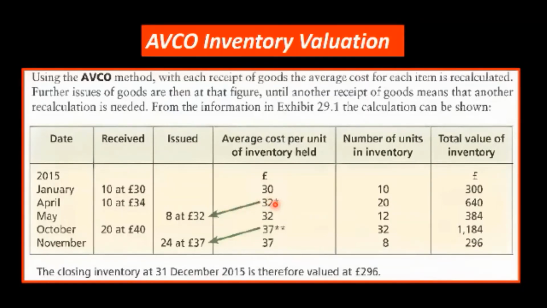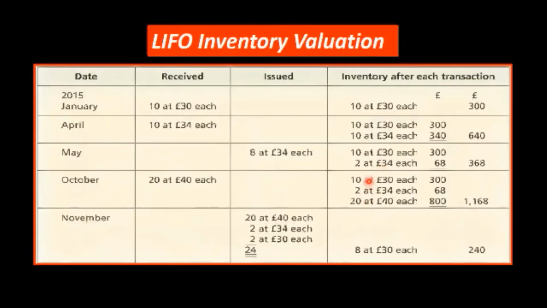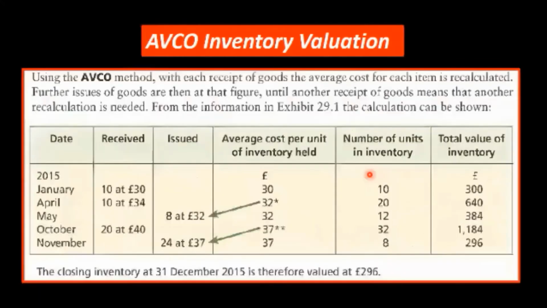So you only need to have one line, not 3 and 2 and sometimes 4 lines like in this method here. In May we issued some. Now we are going to issue it at average cost. So it's going to be 8 at the average cost of 32 that you have here.